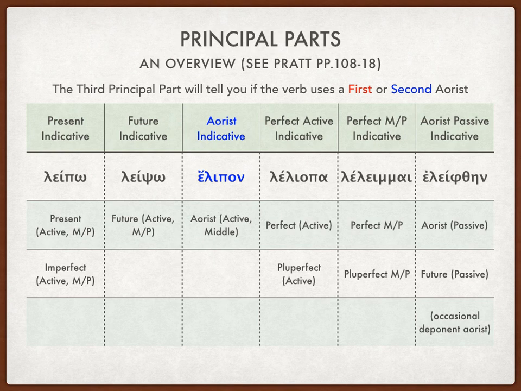Elipon, elipes, elipe, elipomen, elipete, elipon. Easy as that. You can always go to the third principal part, the aorist, to tell whether it's first or second aorist, and plan accordingly. So that's how the principal parts are very, very helpful as you go through different verbs. Make sure that you become very comfortable and familiar with these different stems.